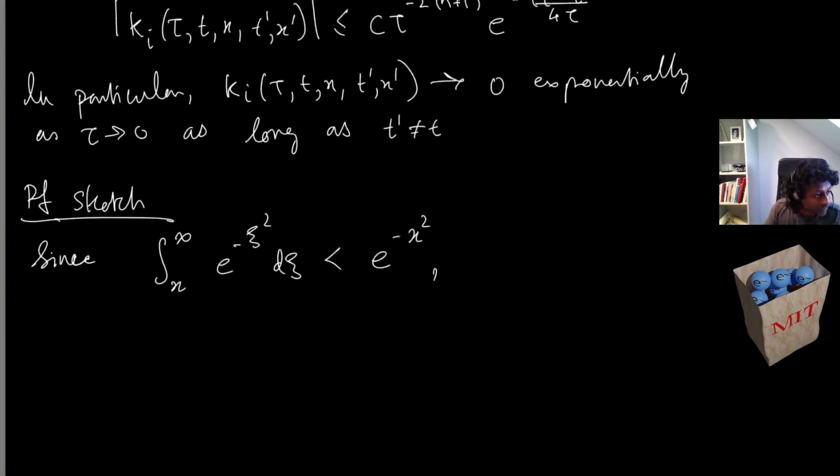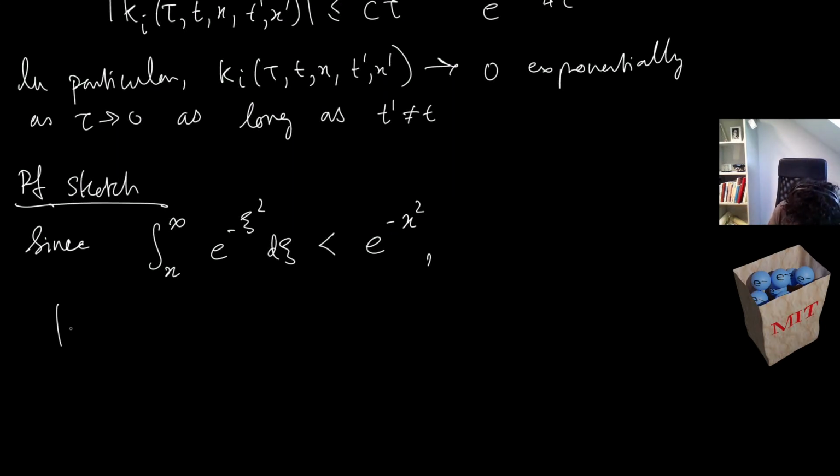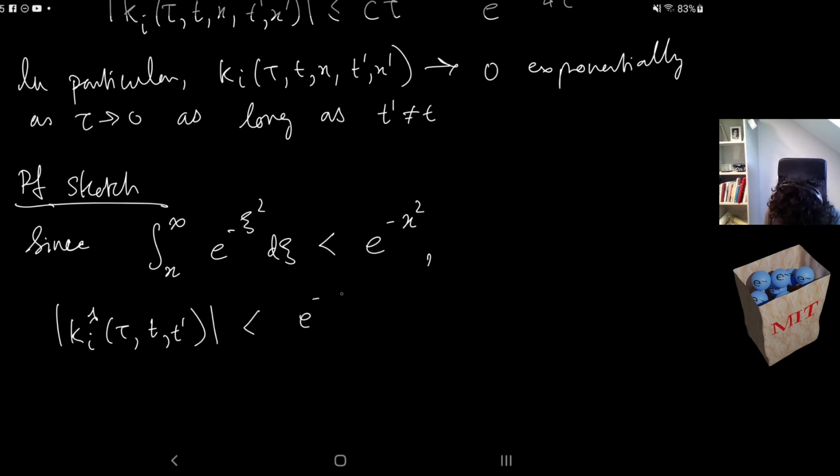We have that the ki lambda tau t prime is bounded by e to the minus lambda squared on tau divided by pi tau to a square root plus 2.